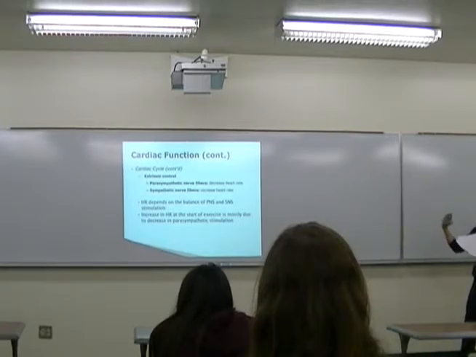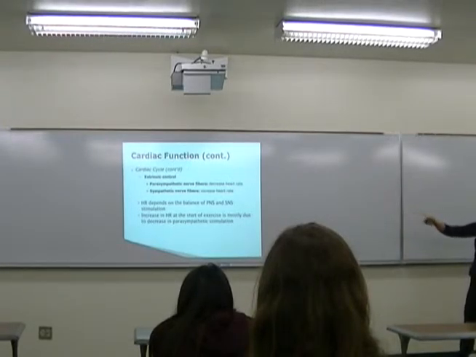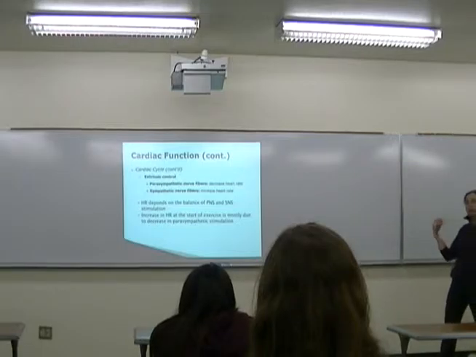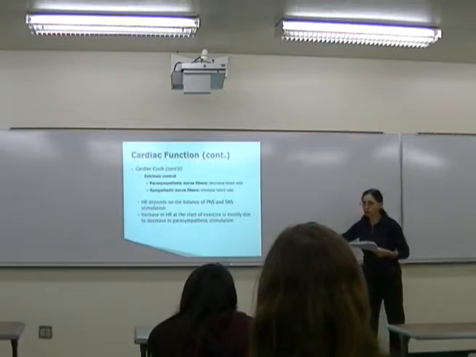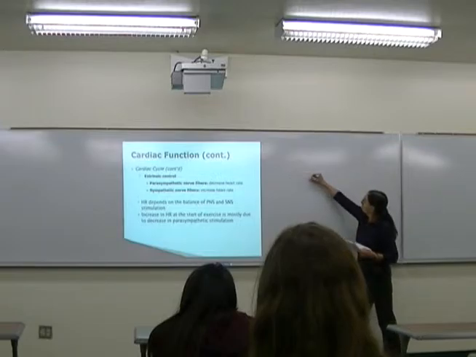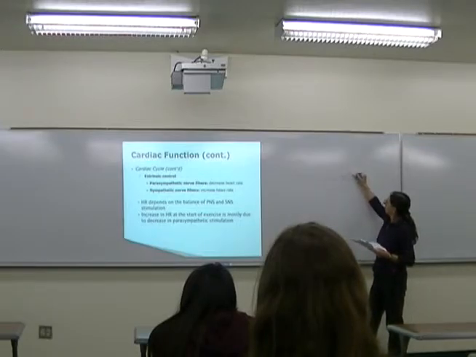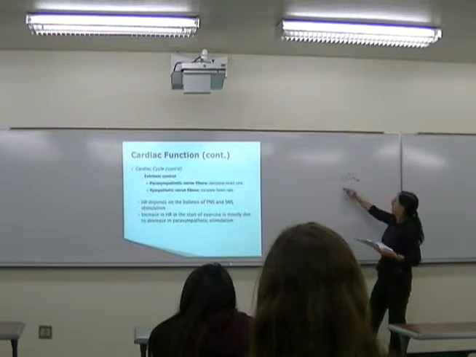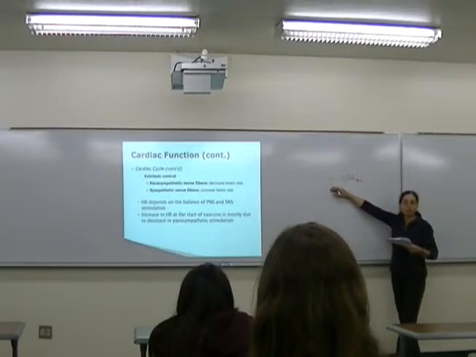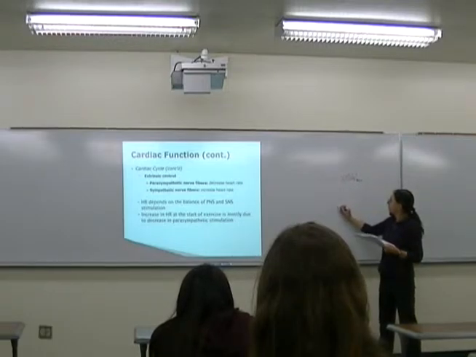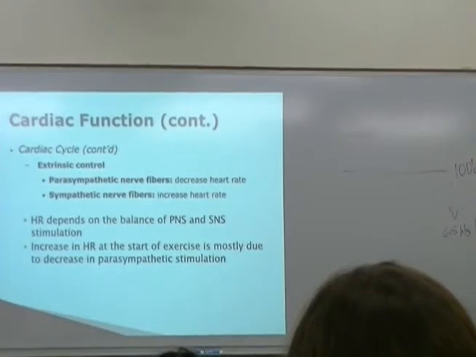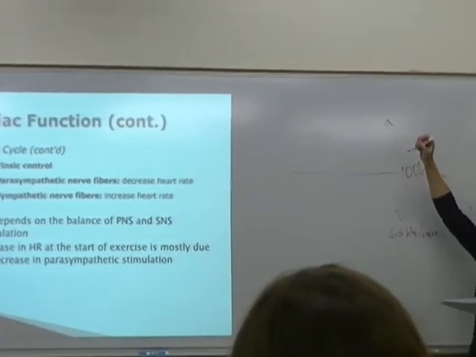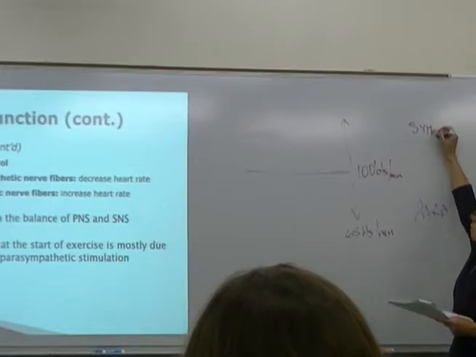At the start of exercise, it's quite interesting because actually what we see first, when I start to see my heart rate go up, so if 100 beats per minute is my baseline, okay, lower than 100 beats per minute means my parasympathetic is on. Okay. Higher than 100 beats per minute means my sympathetic is dominant.